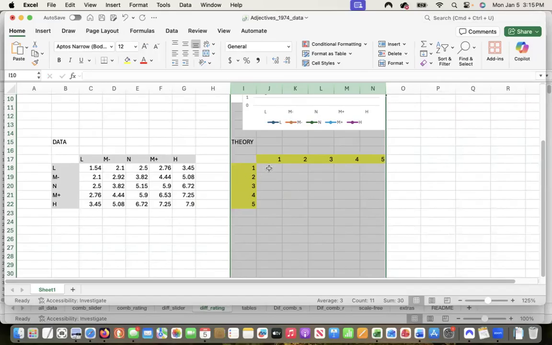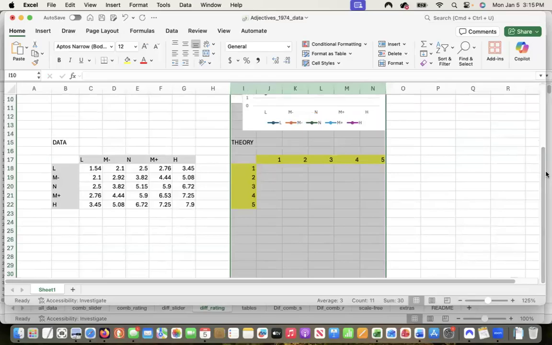In other words, can we find a theory that is monotonically related to our data? And the technique we're going to use is to rank order the data and rank order the theory, compute the correlation between the two, which amounts to the Spearman rank order correlation. And we're going to try to maximize that Spearman rank order correlation using the solver in Excel.